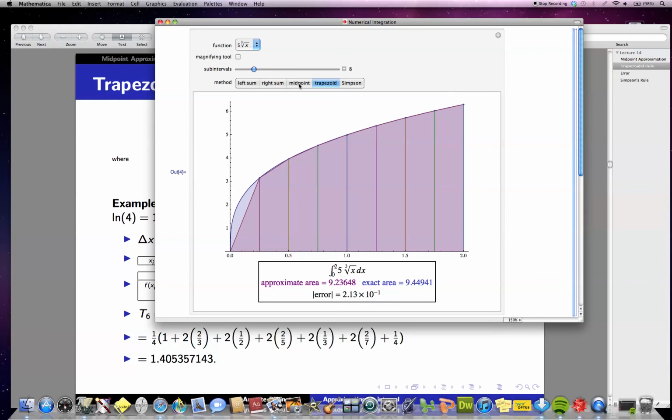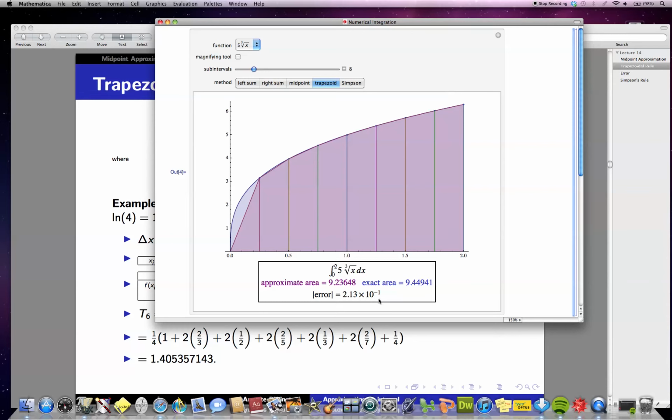How does this compare to the midpoint approximation? Well, we see in fact that the error using the midpoint approximation here is 4.23 times 10 to the minus 2, and the error using the trapezoidal approximation is 2.13 times 10 to the minus 1.